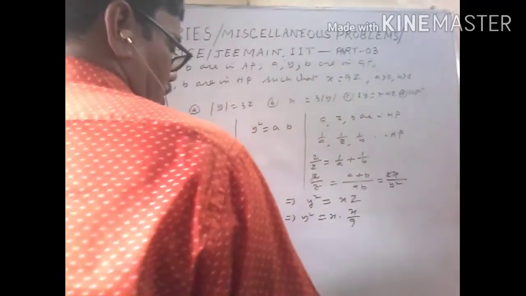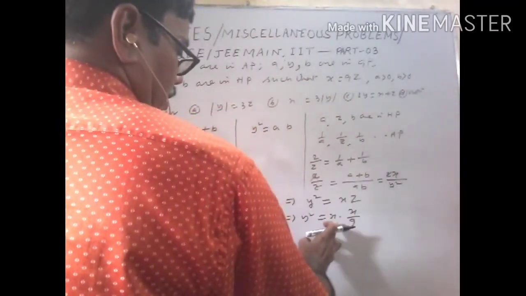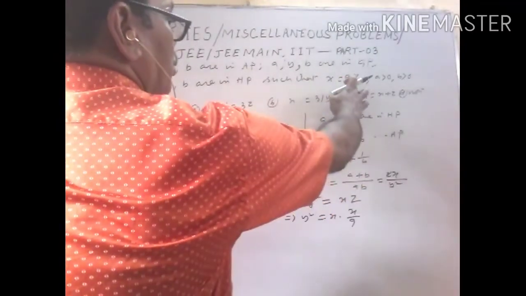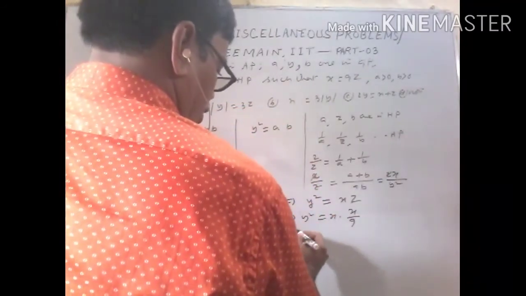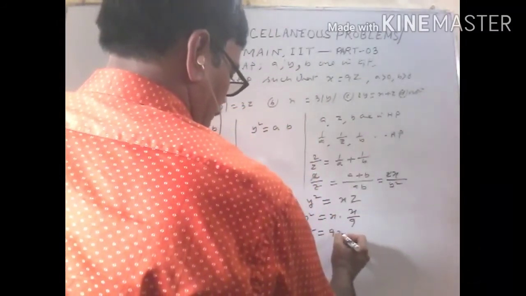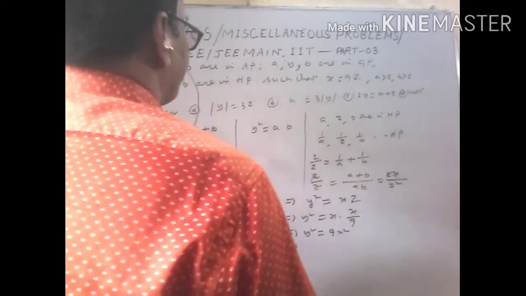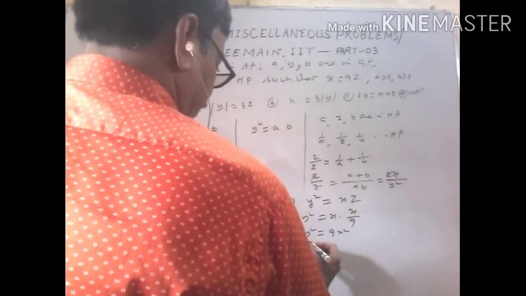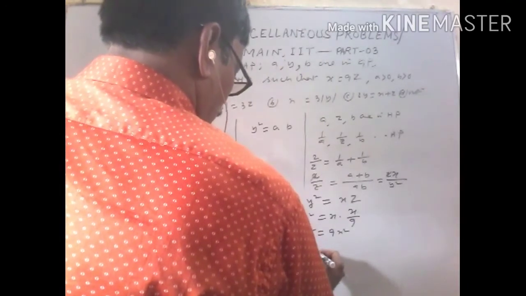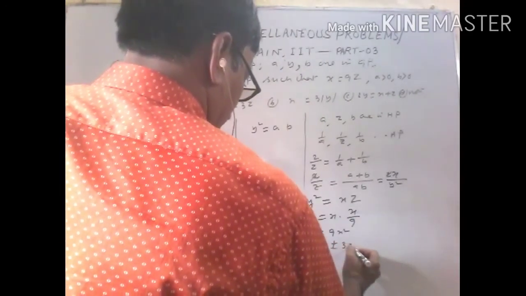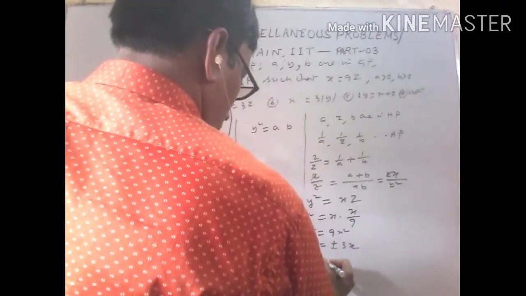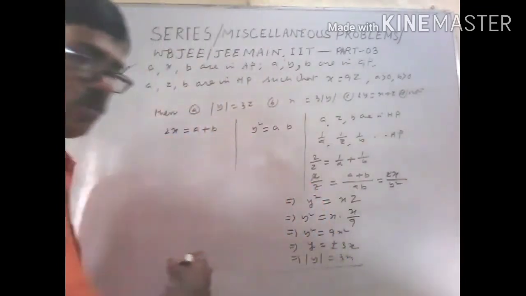So x equals 9z, or if we put it, z equals x by 9. So y square equals 9x square by... So what is y? So y equals plus minus 3x, or we write mod y equals 3x.